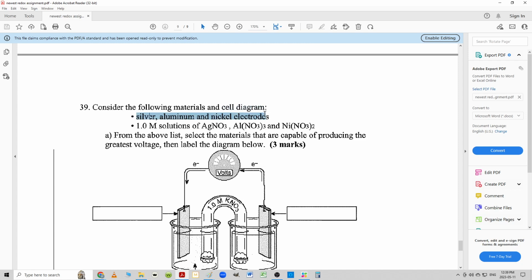With silver, aluminum, nickel, when you have multiple things, you have to find out which one's higher on the reduction table and which one's lowest on the reduction table. And those will all reduce and oxidize first, and then after one of them is gone, the other one will. Oh, so you have to figure out which one has the difference in potential between Ag, aluminum, and nickel.